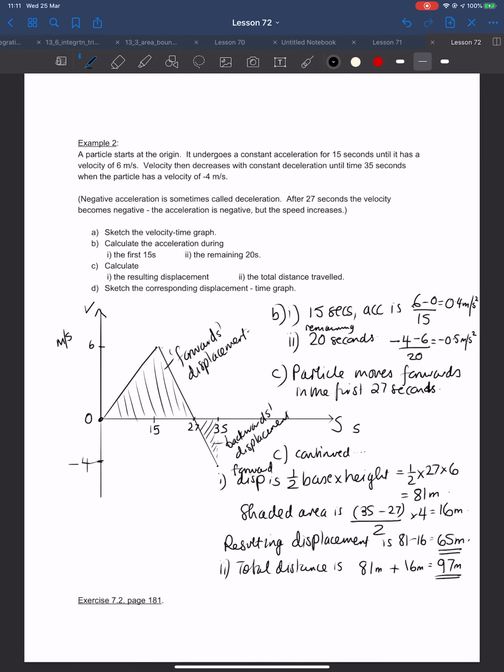If we look at the diagram, the area at the 15 seconds is half base times height, a half times 15 times 6, which is 45 metres.